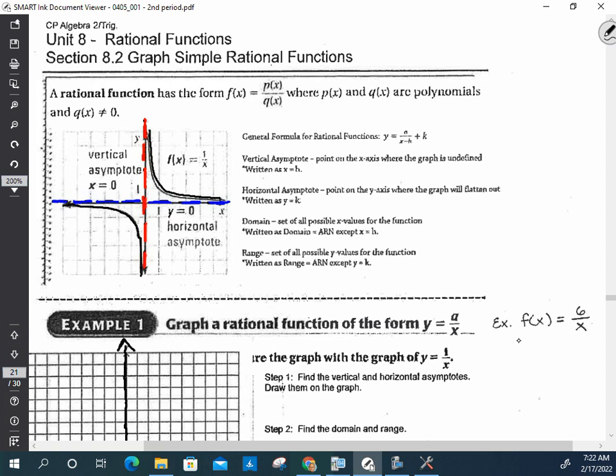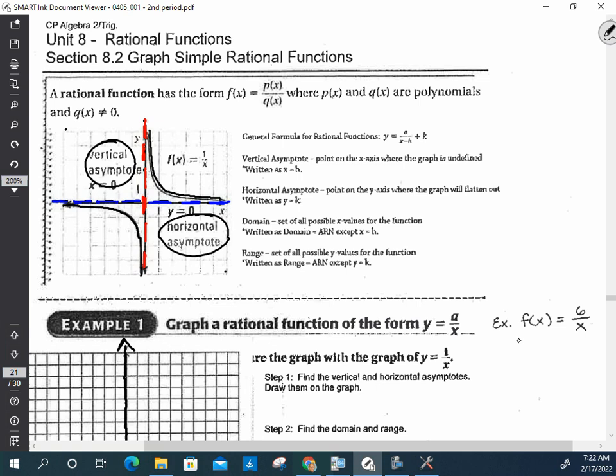Sometimes it will be in the top right and bottom left. Sometimes those curves will occur in the top left and the bottom right. It just depends on the function. However, the two main things that I want you to pay attention to are what's called the vertical asymptote and the horizontal asymptote.